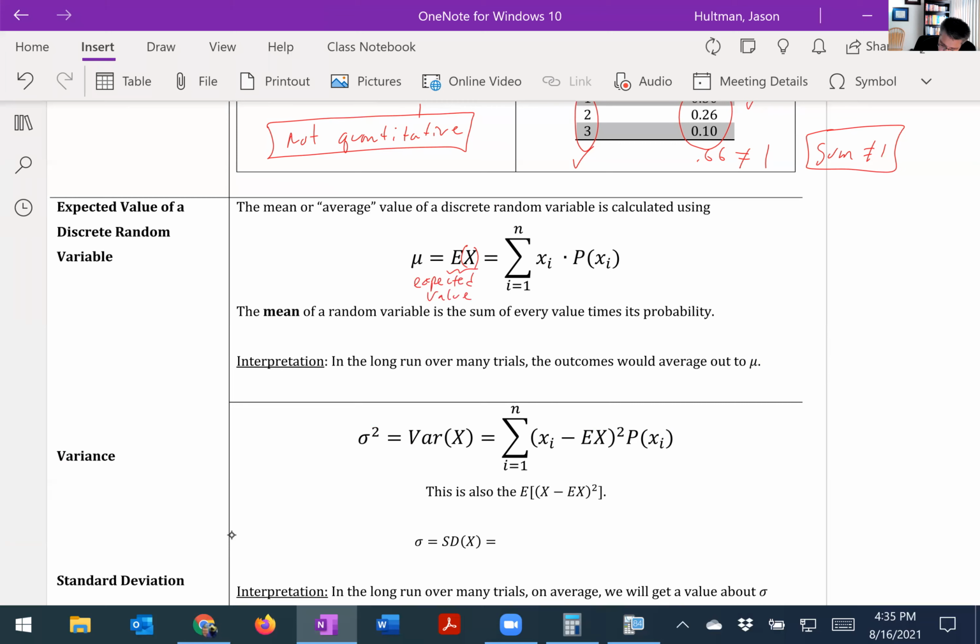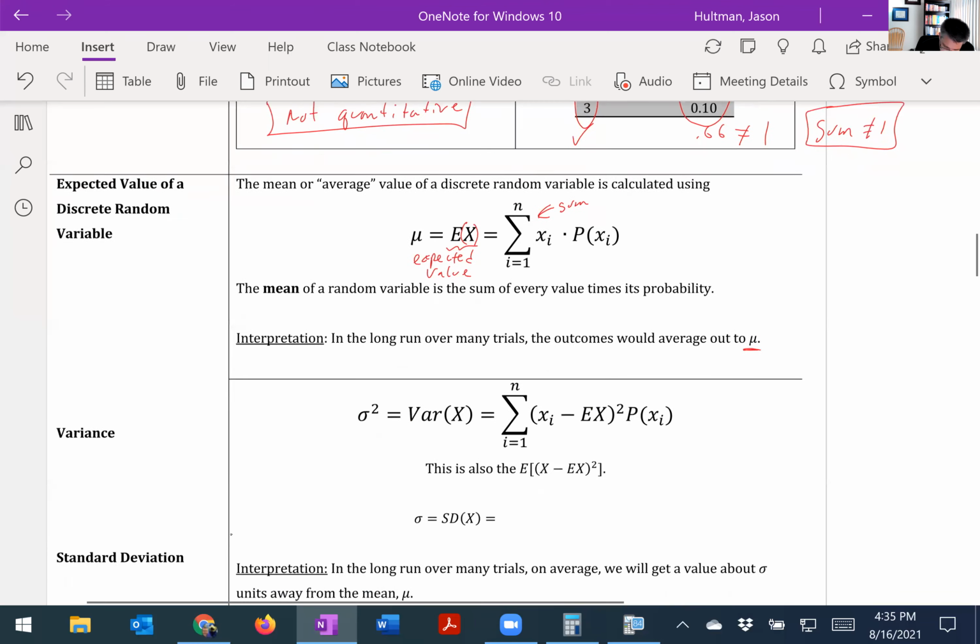And it's the sum, that little sigma sign just means sum. It's the sum of all the x's times their respective probabilities. The x values times the respective probabilities, and then we add them up. Okay, the mean of the random variable is the sum of every value times its probability. Interpretation: in the long run over many trials, the outcome would average out to mu.